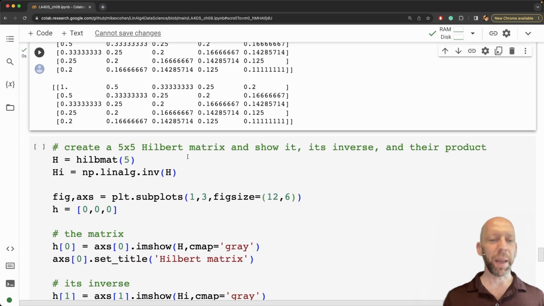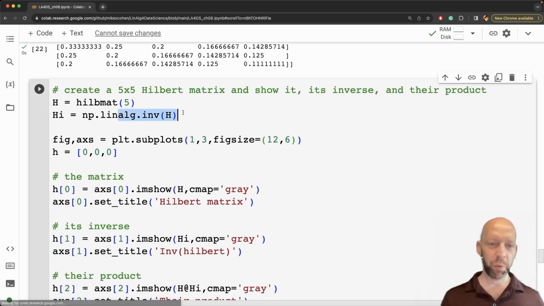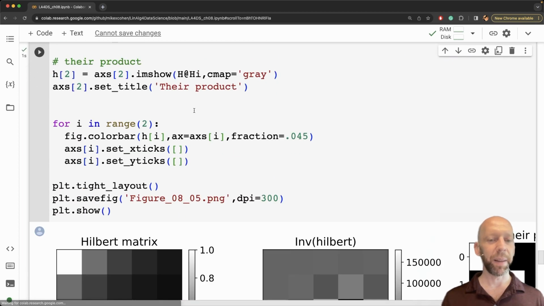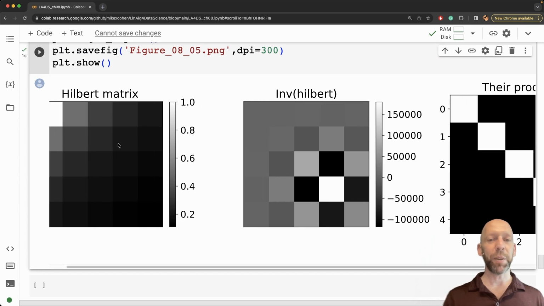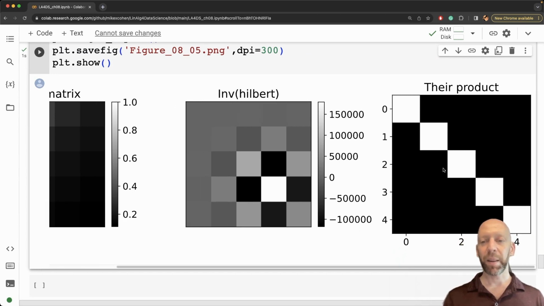Okay, so then, without really worrying too much about the numerical stability of the inverse of the Hilbert matrix, I'm just going to compute the inverse and make some plots, and that you see here. So here is the visualization of the Hilbert matrix, its inverse, and their product.